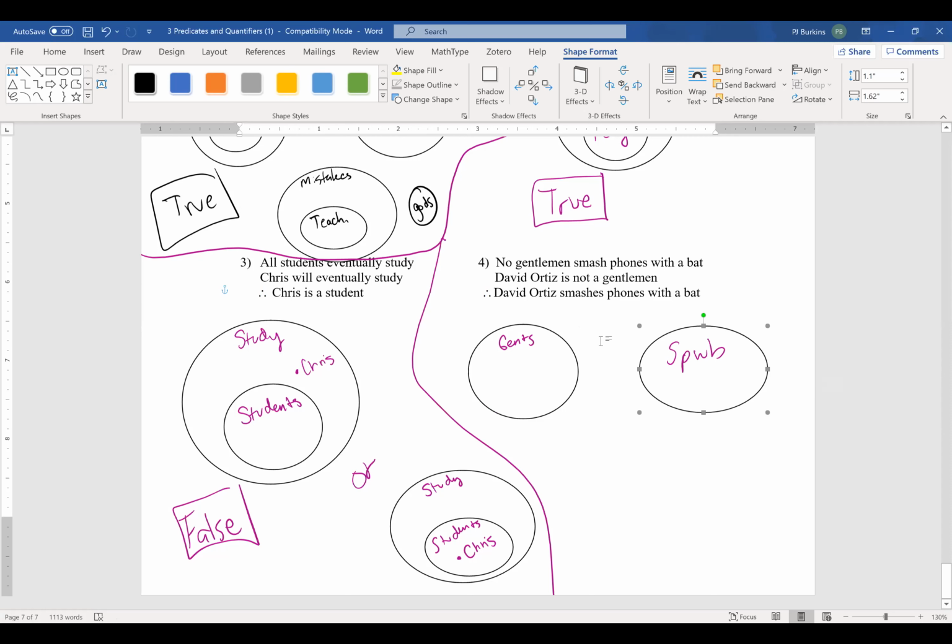Now, the next statement says David Ortiz is not a gentleman. Well, within the scheme of things here, all we know is he doesn't fall within this first circle. He could be out here. Or he could fall within the area of people that smash bats.